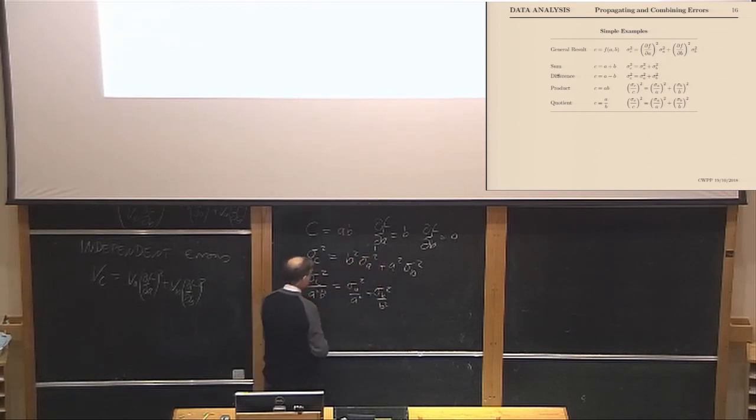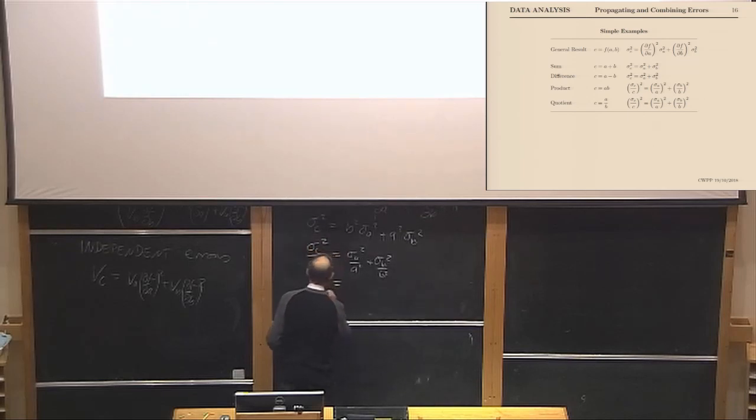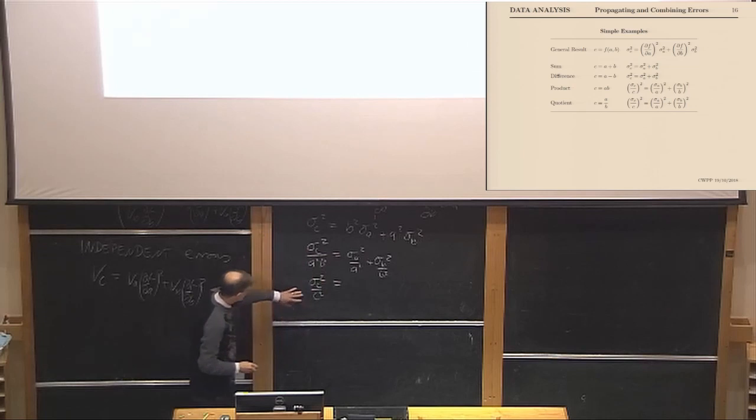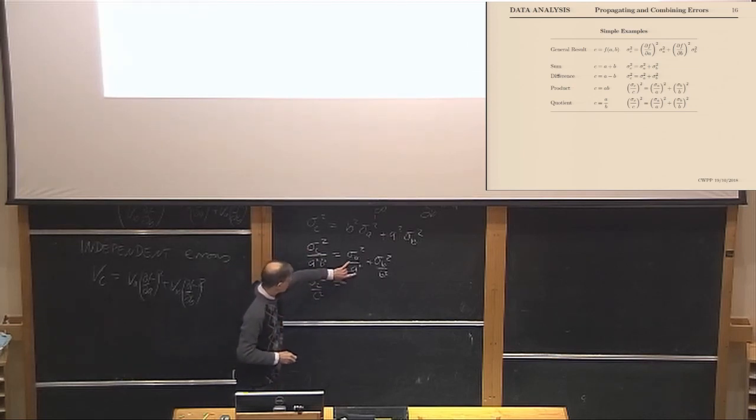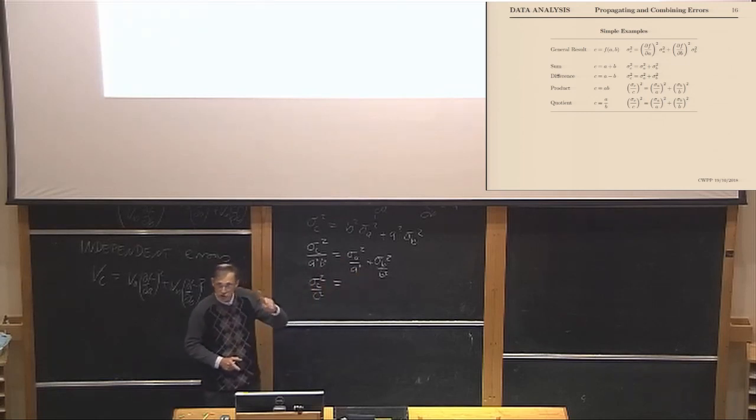But AB here is just C, and so this side of the equation we could write as sigma C squared over C squared. So the fractional error squared in C is the fractional error squared in A plus the fractional error squared in B. So for products, percentage errors is just what you want.